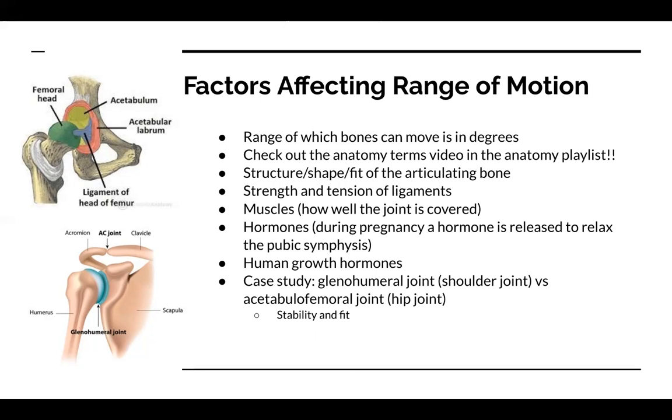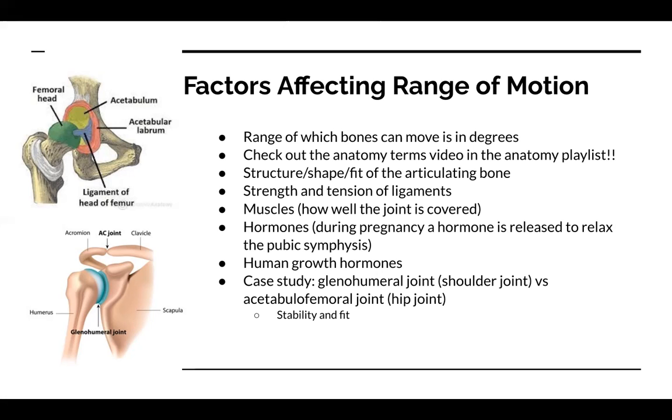Factors affecting the range of motion are measured in degrees. So obviously just check out the anatomy terms on the playlist. It really helps out. Like I just mentioned, the structure, shape, or fit of the articulating bones can affect your motion. The tension of your ligaments can, and how well your muscles cover your joints is also important.